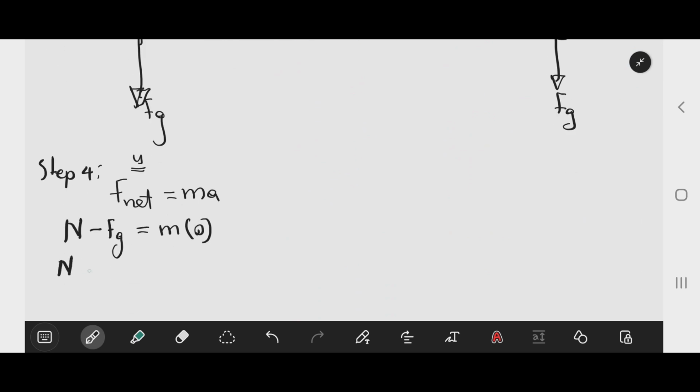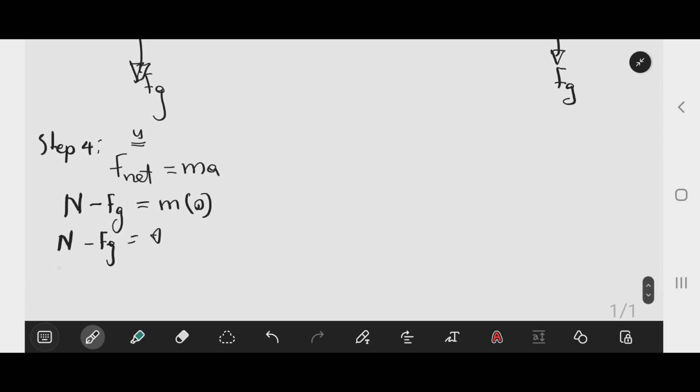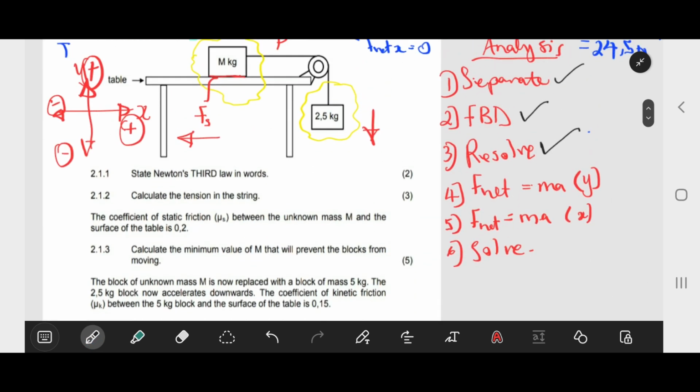So we have normal force minus Fg equals 0, which means the normal force equals Fg. Remember, one of the reasons why we perform our net force in the y direction is to obtain the normal force.